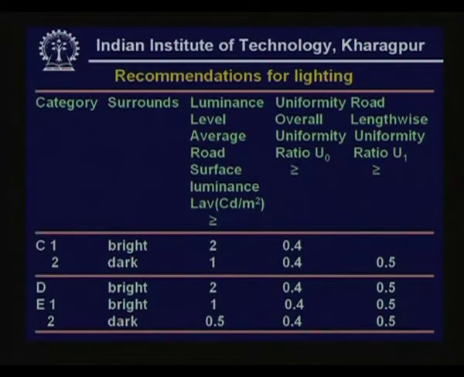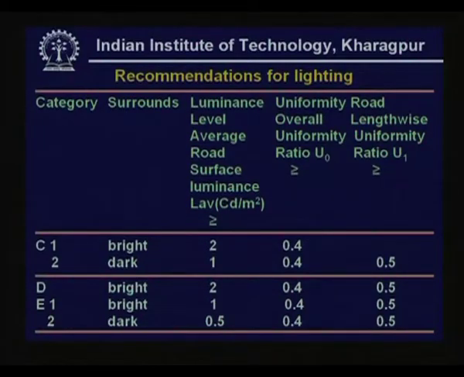The uniformity index U naught is more or less recommended for all categories of roads to be around 0.4, with U1, which was expected to be around 0.7 for category A and B, allowed to be around 0.5 for category C, D and E.